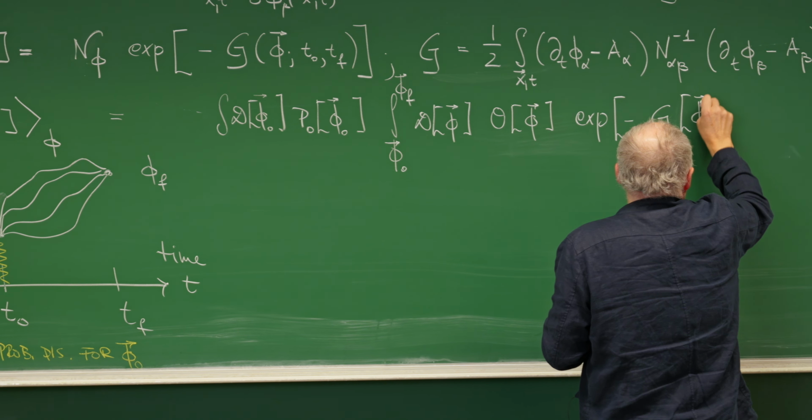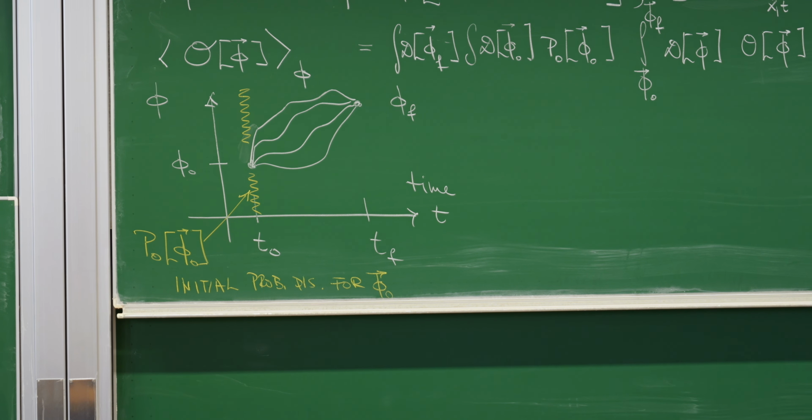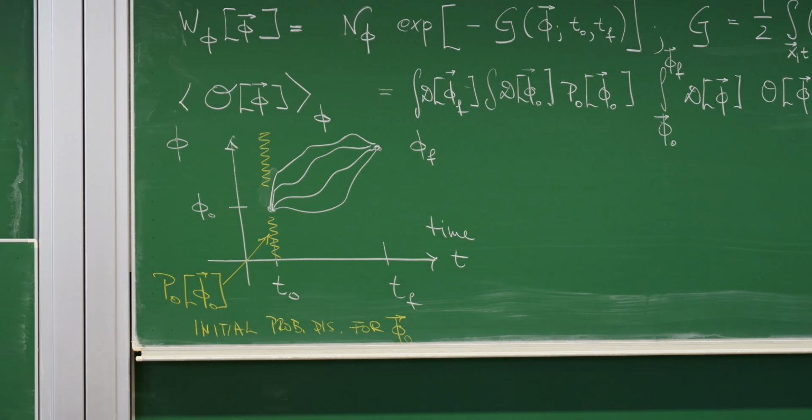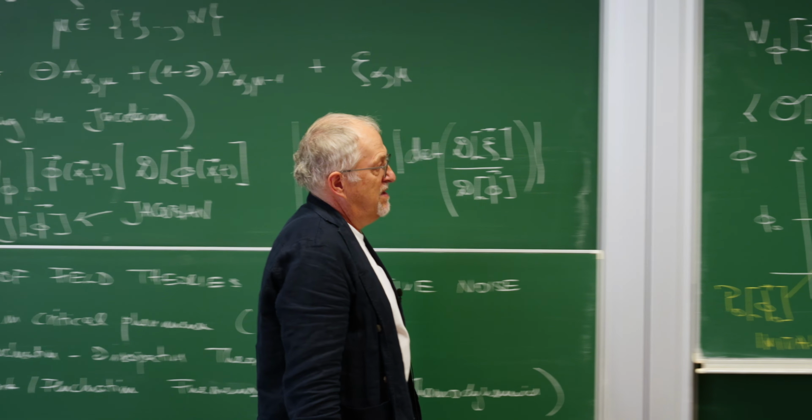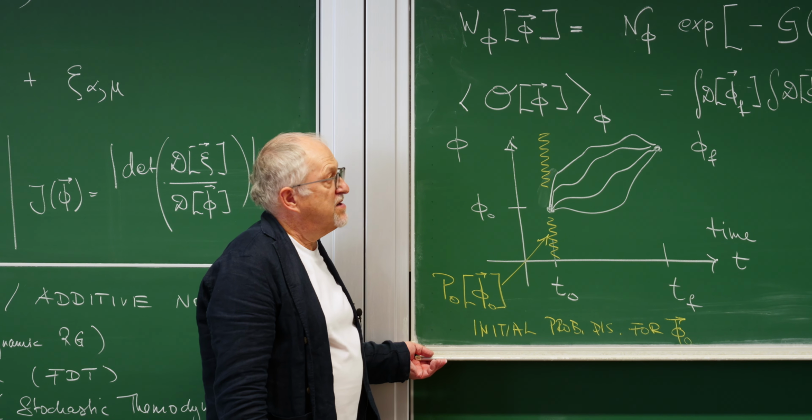Okay, and now it depends on what we want to know, of what kind of average you want to consider. So here initially you have some distribution, and then the system develops to this particular value, and then you might say, I'm not really interested in what the value actually is, so I'm integrating also over the final configuration. Okay. And that doesn't need to be a distribution function, because given phi naught, I know what phi f is, and then I have to sum over all the possible values that there are.